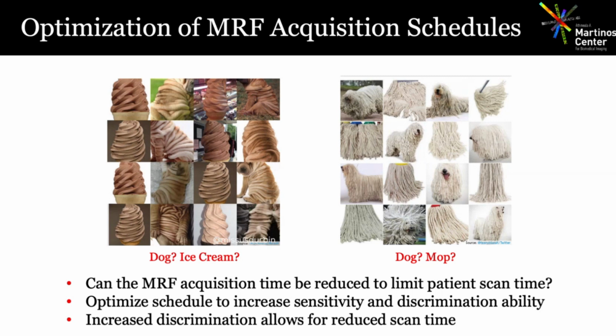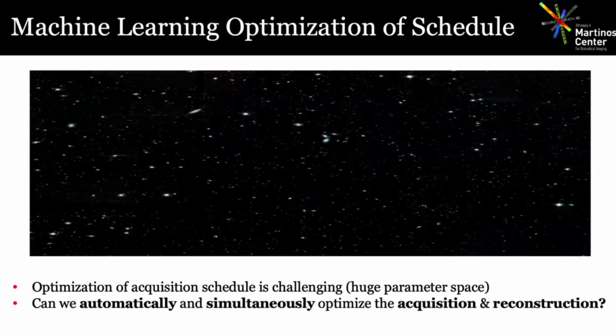If we can increase our ability to discriminate, we can take fewer pictures, which allows us to reduce the scan time. The problem is, of course, optimization of your acquisition schedule is very challenging. You have a huge parameter space, both your acquisition parameters you can play around with, but also your tissue parameters. So how do we go about doing this?